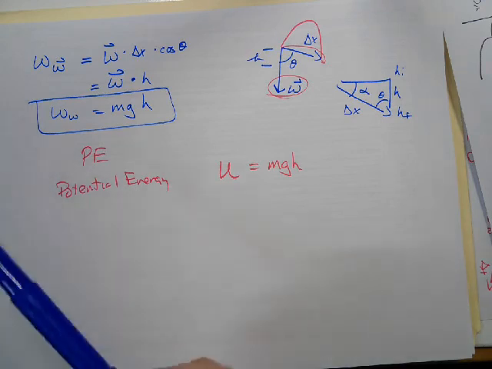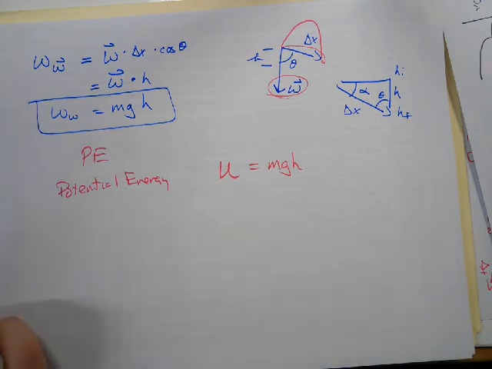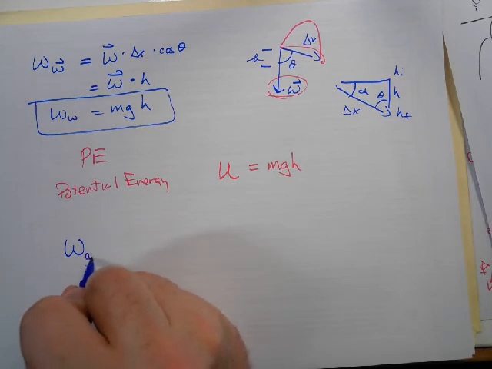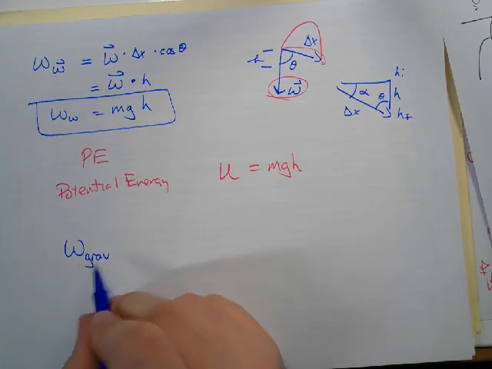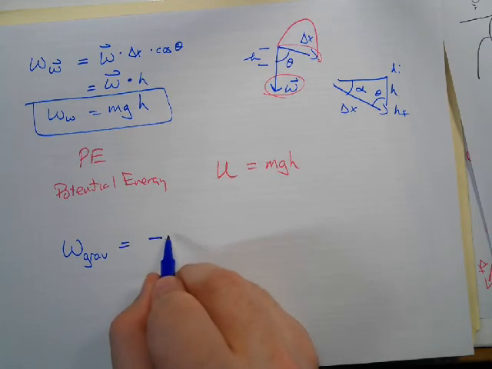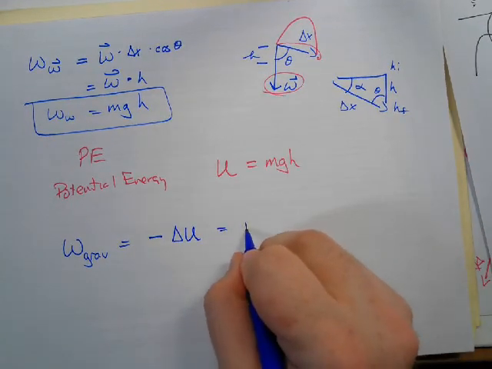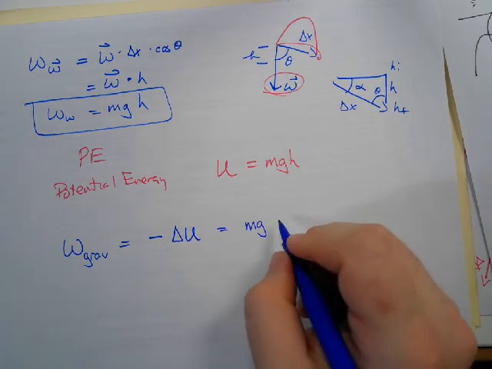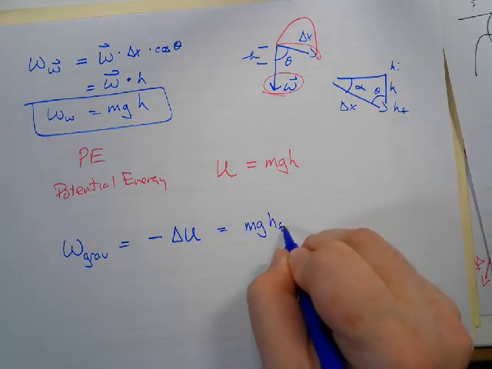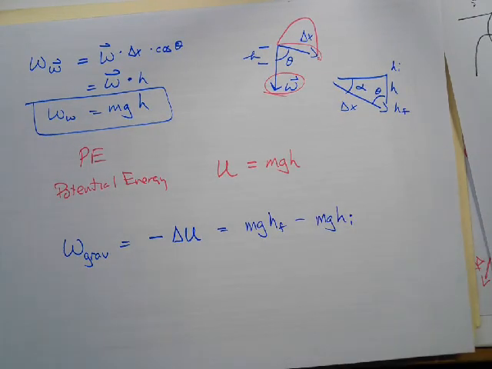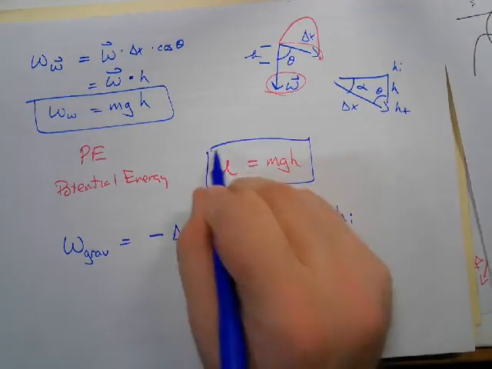So what I'm trying to get at here is, when we start talking about potential energy, the work that gravity does is defined as minus the change in potential energy, which is mg h final minus mg h initial. So we're being very, very careful how we define these things.